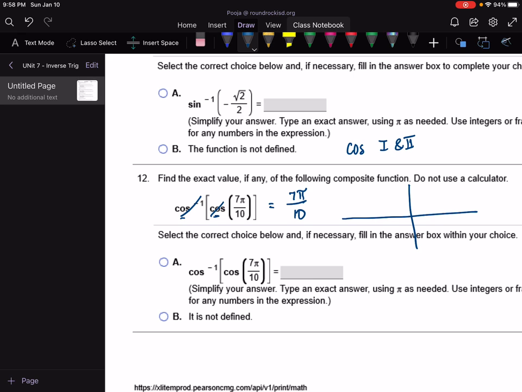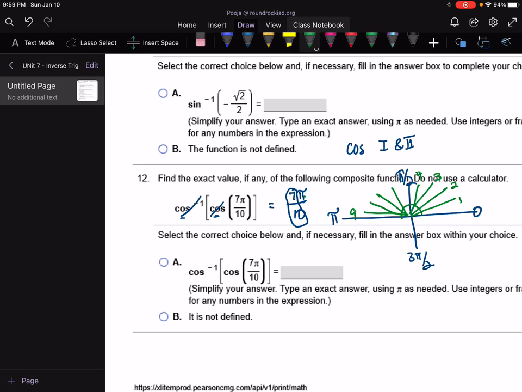So let's see where 7 pi over 10 is. I don't know which quadrant it's in, but I do know this is 0, this is pi, that's pi over 2, this is 3 pi over 2. Now I need to get to 7/10 of pi, which means take pi, split it in 10 parts, and get to the 7th part. 10 is an even number, so when I split 0 to pi in 10 parts, 5 of them will be here, and then 6, 7, 8, 9, 10.